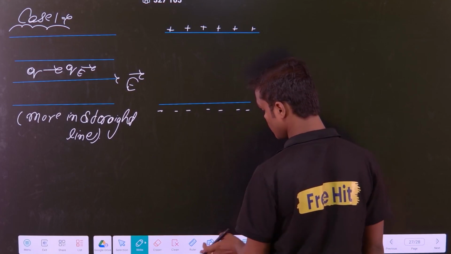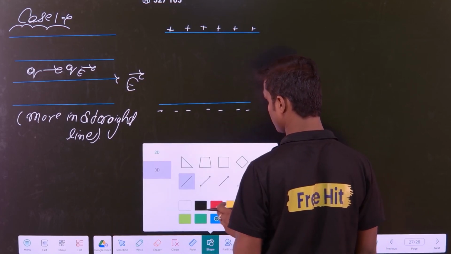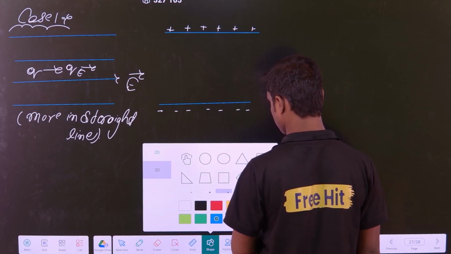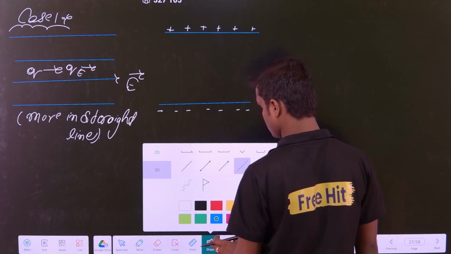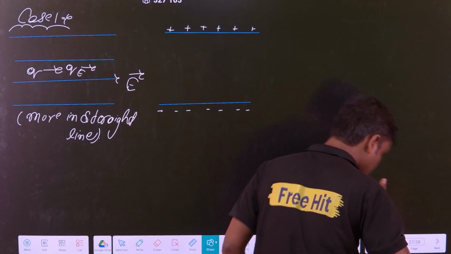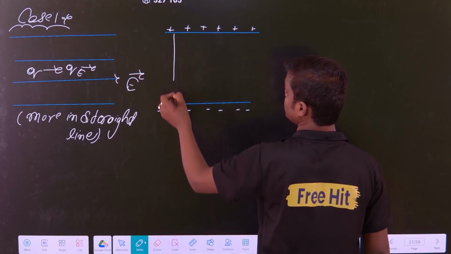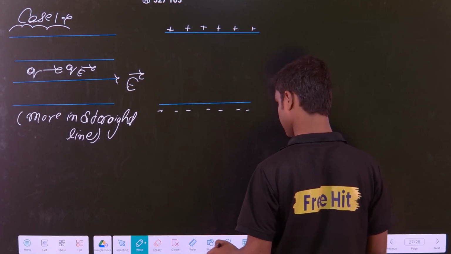So what is my field line? Can anyone tell what my field line is? My field line will be in this direction, correct or not?